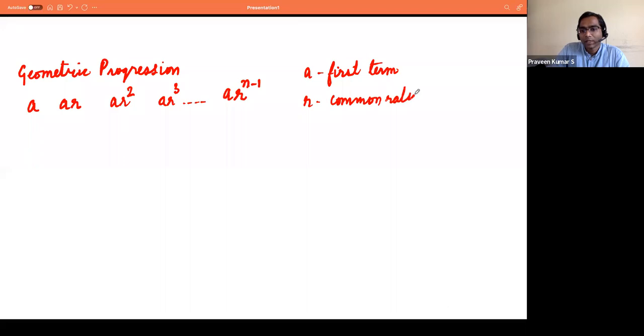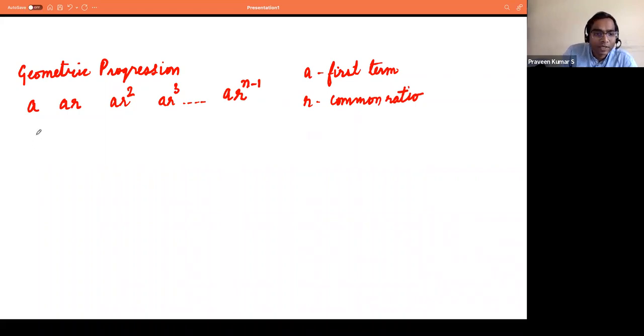Now, in the case of an arithmetic progression, we were subtracting two consecutive terms and saying that it is the common difference. Here, in the case of a geometric progression, you are multiplying. So if you divide two consecutive terms, what you will get is the common ratio.